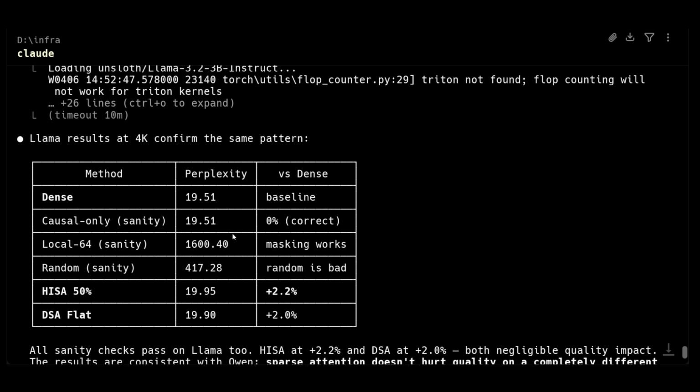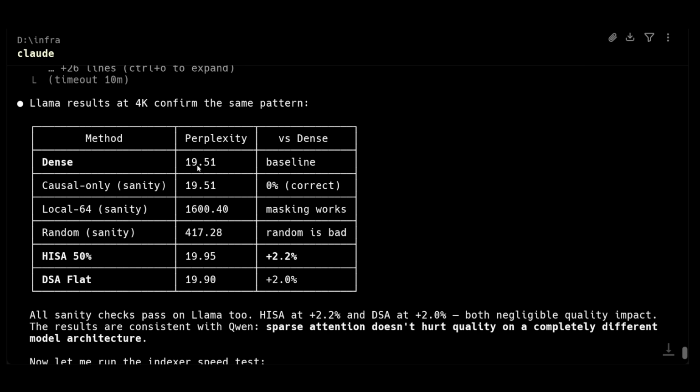Okay, so it finally ran, and these are the quality tests, and perplexity is our benchmark. And here the term dense just means the baseline attention method that Llama uses. You could see 19.51 as the baseline. Then we ran some sanity checks just to make sure everything was working properly, and they all passed.